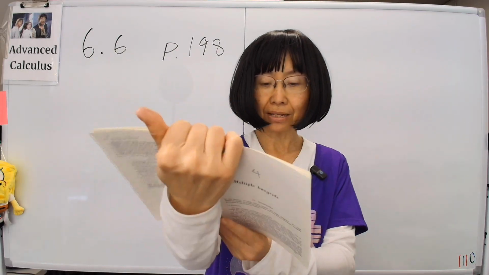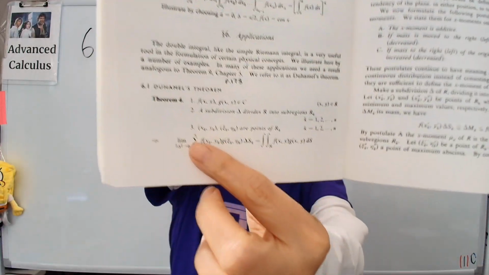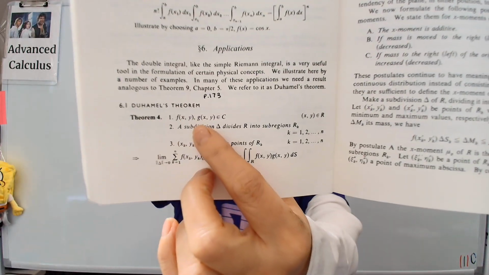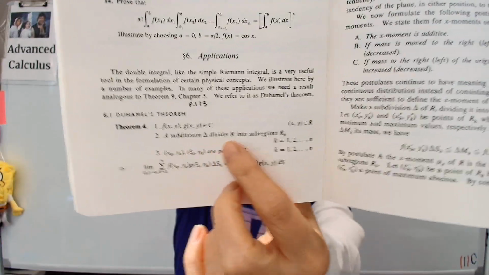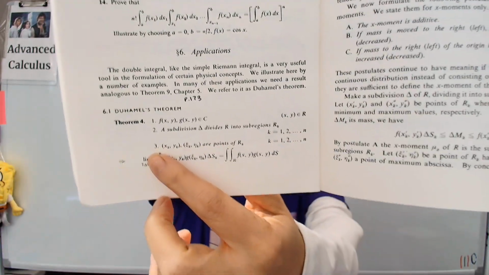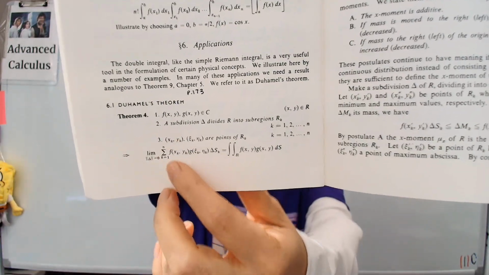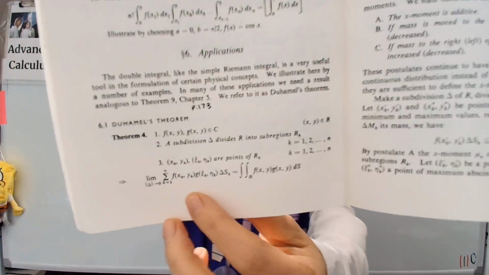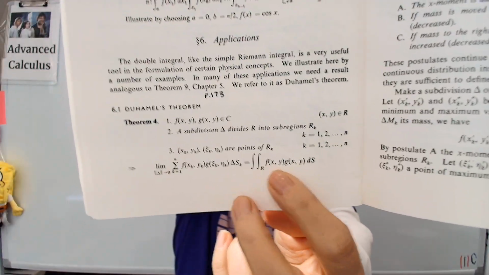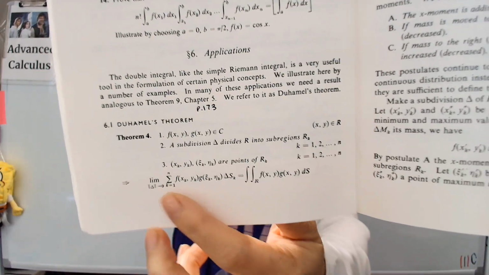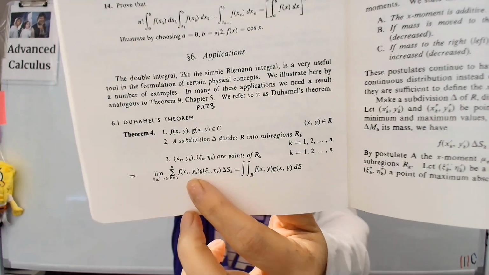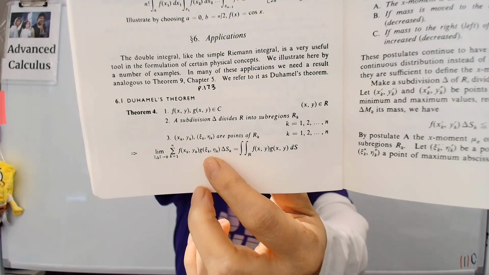Now the new Duhamel's theorem is a similar idea, except that now before we had f of x and g of x, and now we have f of x y and g of x y. So one more dimension, but otherwise the story is almost identical. Basically, you see the integral over R of function f times function g is the sum of f and g.